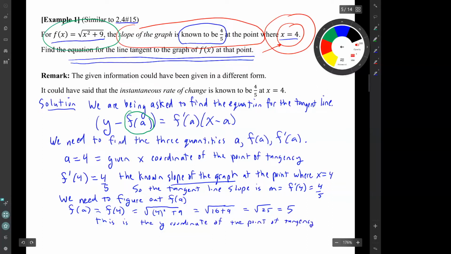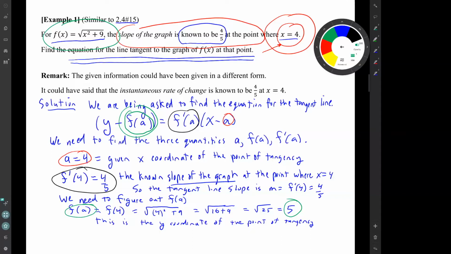So we now have a value for a, it's 4, that's going to go there. We have a value for f prime parentheses a, that's the number 4/5. And we have a value for f of a, it's the number 5. So we have those three quantities that we need to populate that equation, so now we can build the equation for the tangent line.